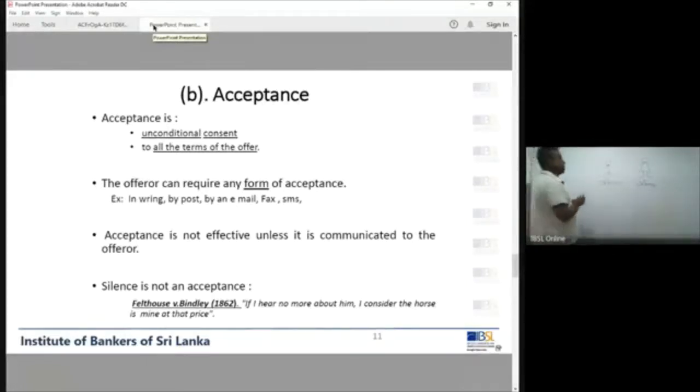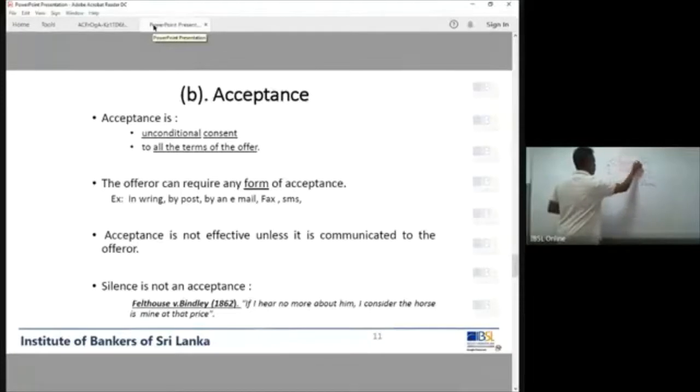So when he is making the offer, he puts conditions, 1, 2, 3 conditions. Then the offeree has to accept this offer to create an agreement. So once it is accepted, then there is an agreement.